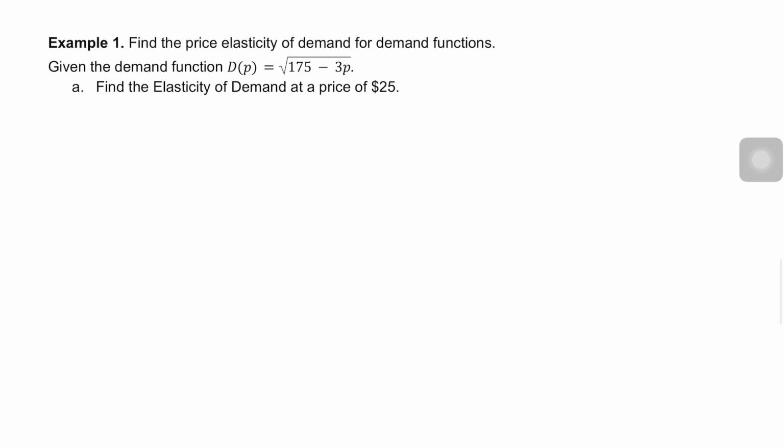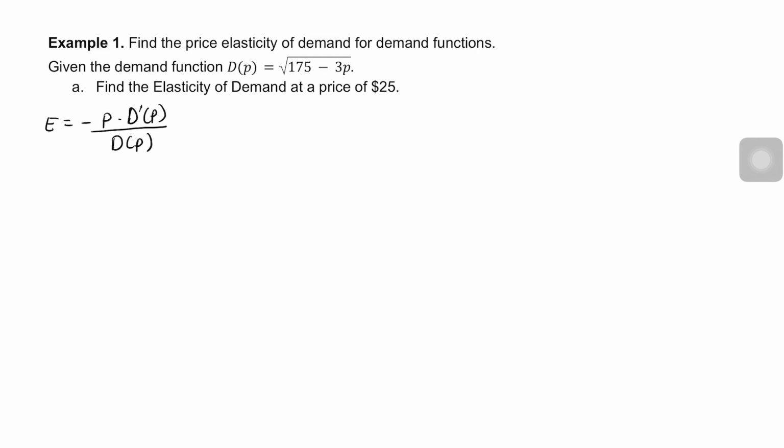Now, we're going to first write down the elasticity formula. The elasticity formula is, and we should write it down every single time we use it, negative p times D prime of p all over D of p, right?